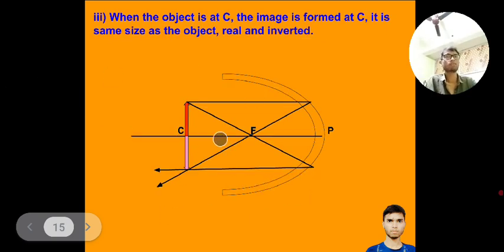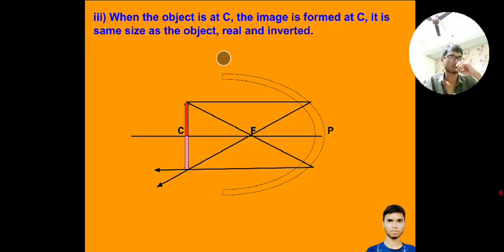Now next we have third. When the object is at C, which means we are putting the object at the curvature, the image will be formed at C. Here can we say the size of the object would be the same?